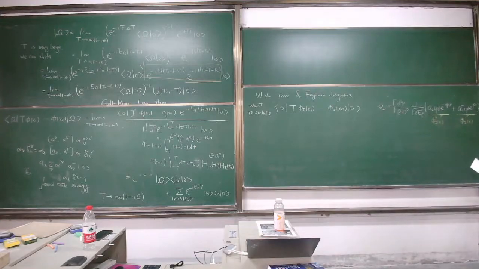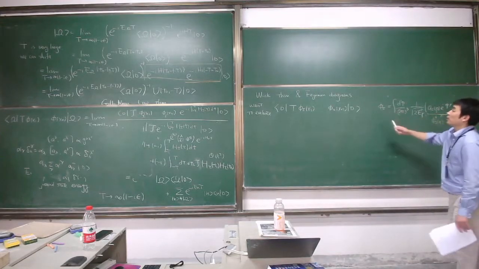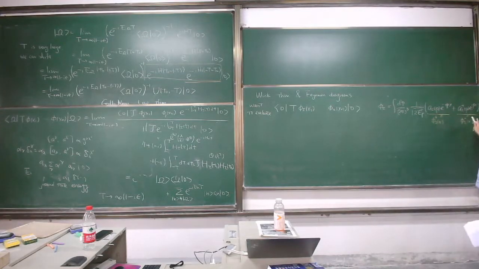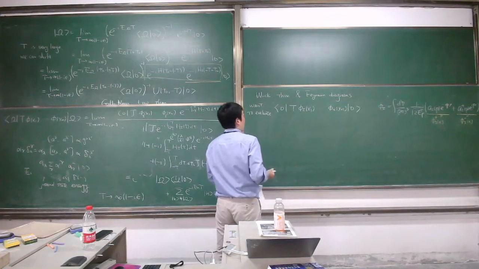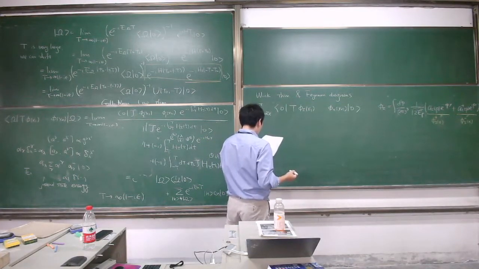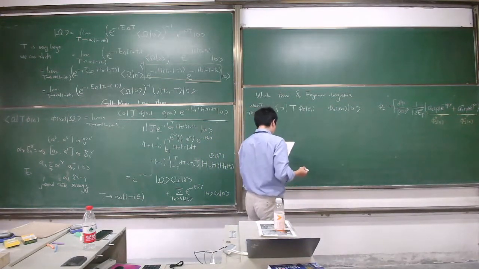And then we decompose this phi I into the annihilation and creation operators, and we will see the consequence. And then we just want to reshuffle the order.